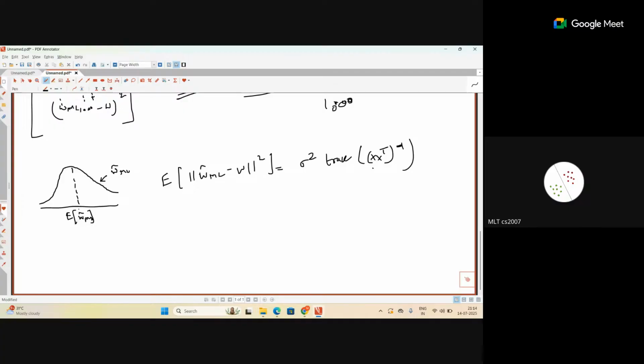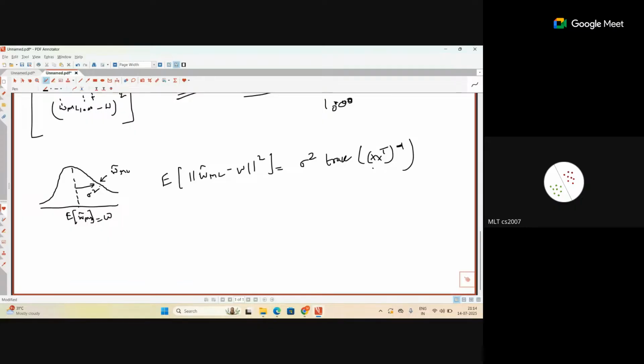And when I say that it is an unbiased estimator of w, that means the expectation of this distribution is equal to the actual w, the actual value. But there is some variance here, right? So that means this w hat ML is not a constant. Instead, it is a random variable with some mean and variance, right?